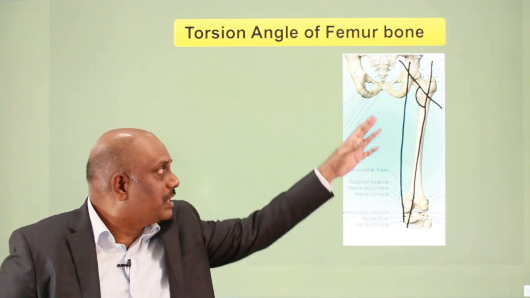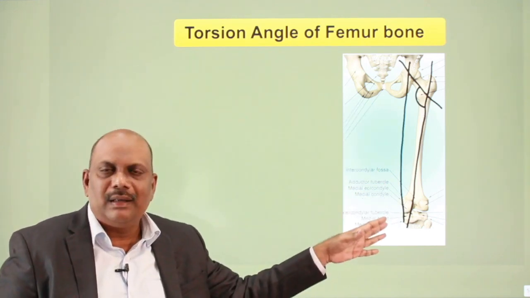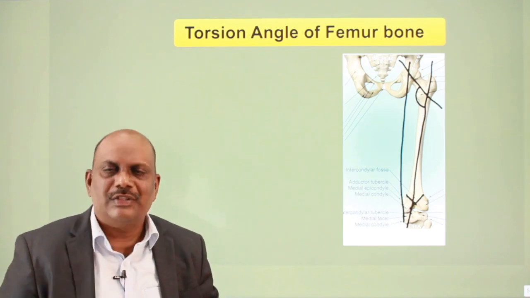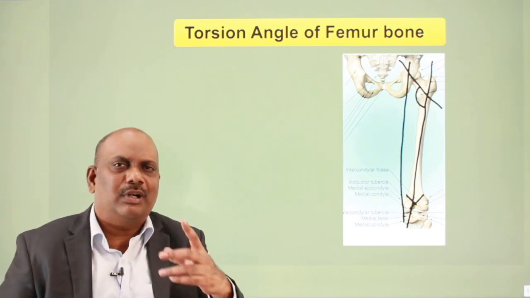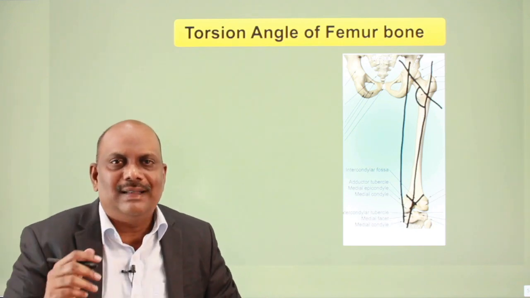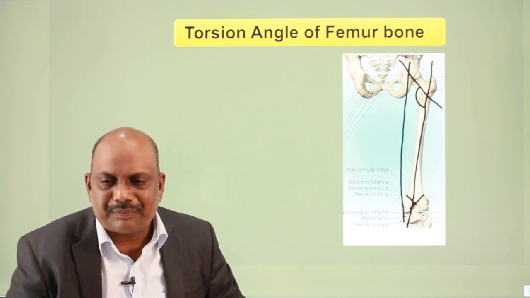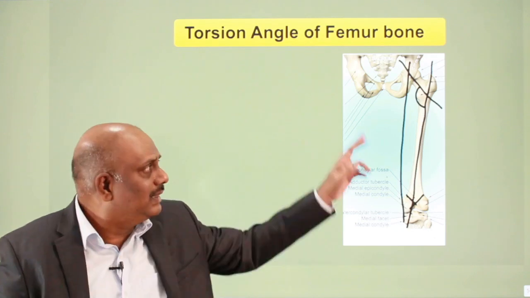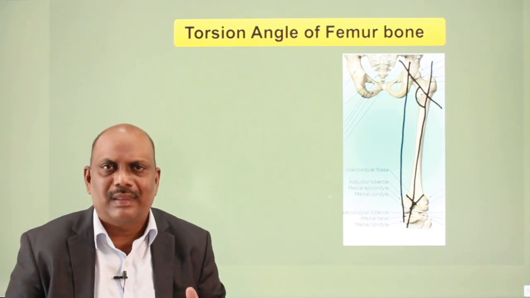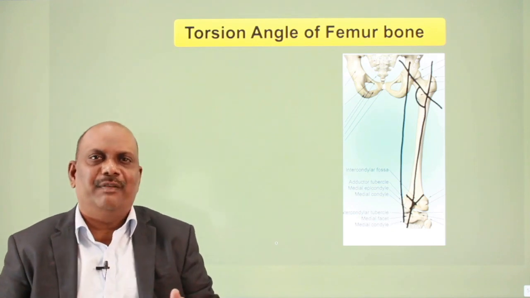Had the bone been straight, the entire body weight would fall straight onto the knees, and that would put a lot of pressure on the knees. To prevent that, there is an angle here. This angle is called the torsion angle of the femur bone. It is again a weight bearing modification.